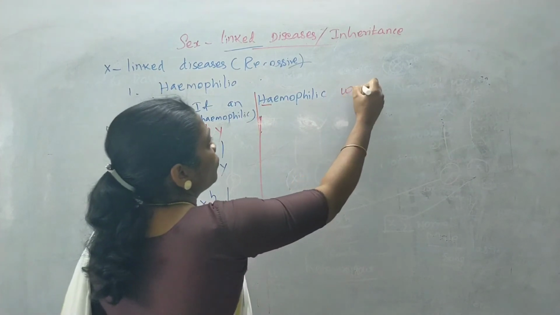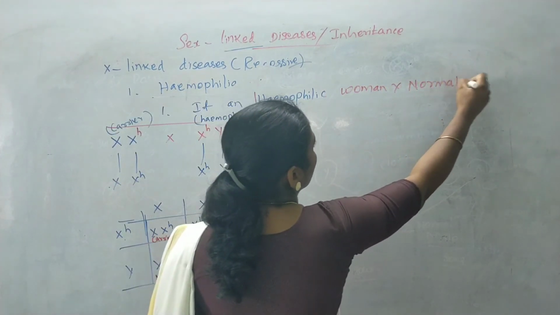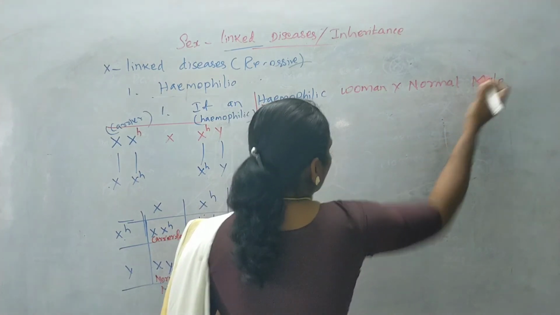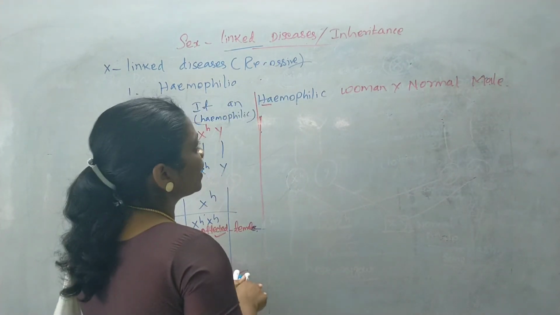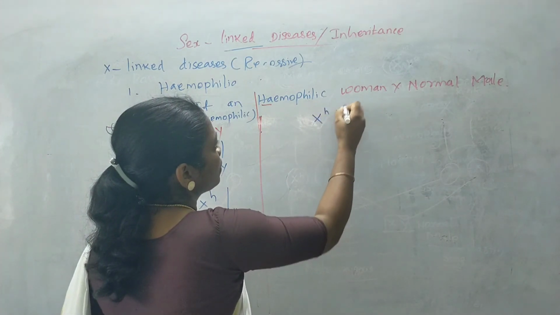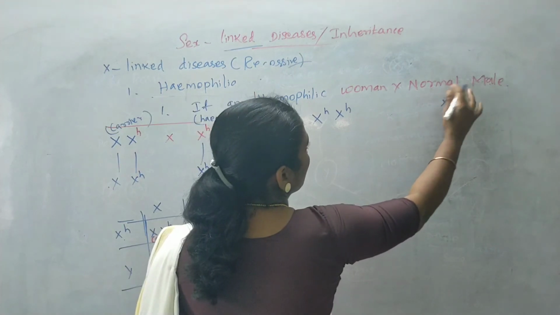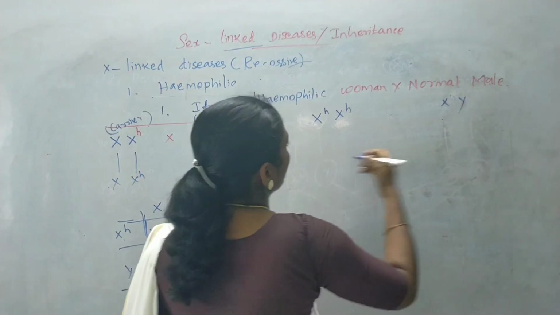Here, when a hemophilic woman marries a normal male, we will write the genes here. The hemophilic woman will have both XH and XH, and the normal male XY.